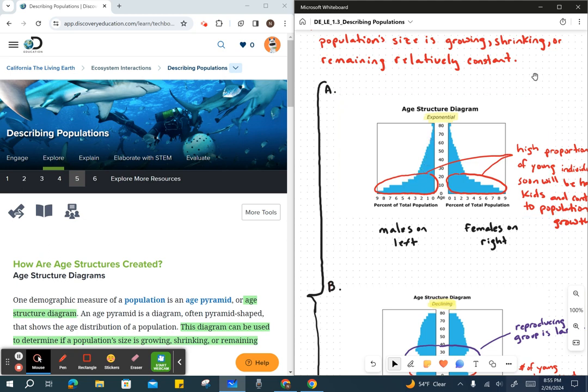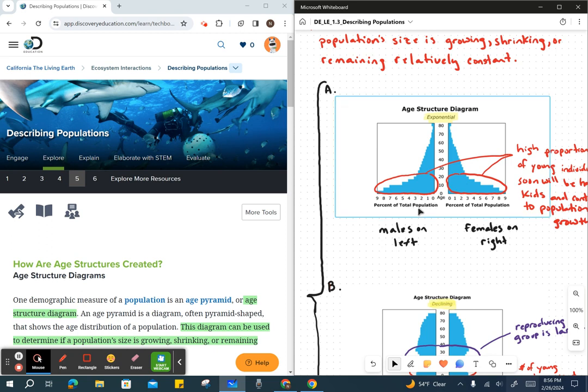Now, this is not per se an exponential graph, okay, but it does kind of look like that. If you look down at the lowest ages here, 0, 10, 20, you can see that we've got some pretty large numbers there, right?